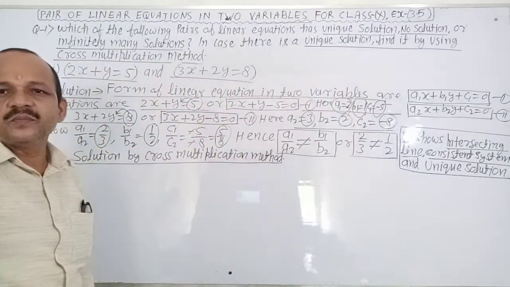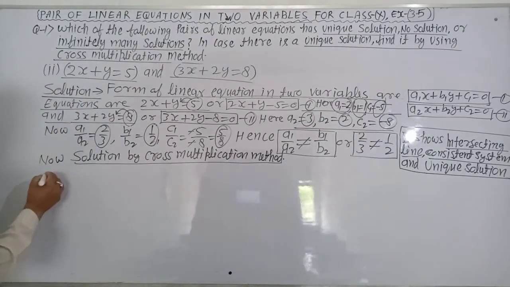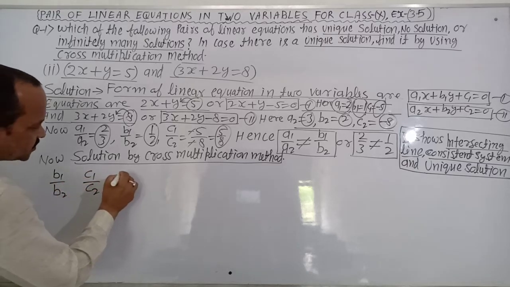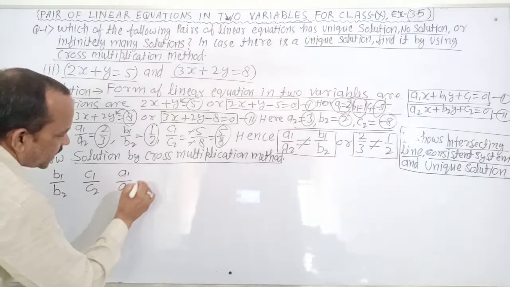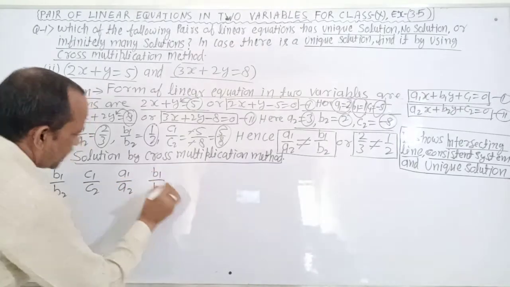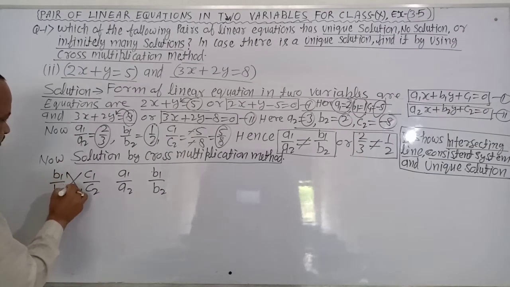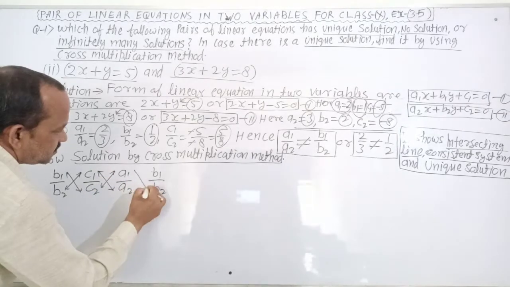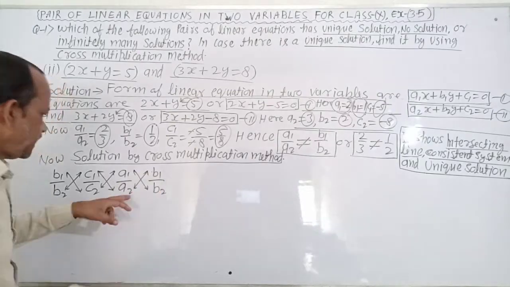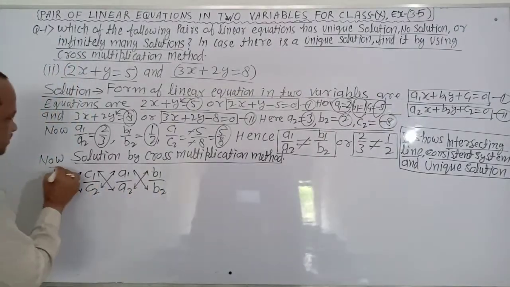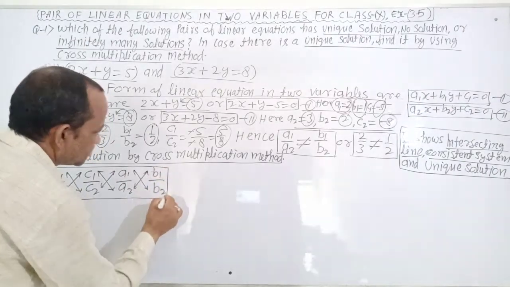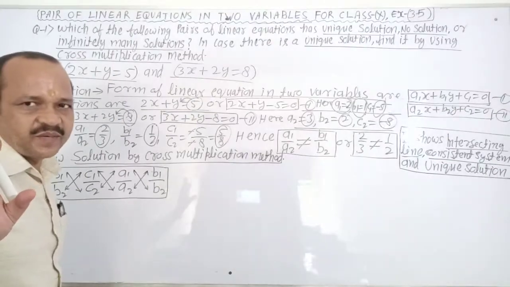Solution by cross multiplication method. b1 b2 c1 c2, a1 a2 b1 b2. It is clear? Clear? No confusion about it?